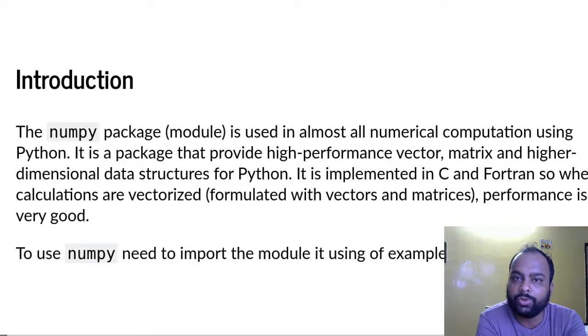So NumPy acts as a wrapper. What is a wrapper? A wrapper gives you a high level interface for accessing low level information, right? So under the hood you have compiled C and Fortran programs, but instead of calling them from C or Fortran, you're actually calling them from Python. That allows you to write simpler code, and it does not take away the simplicity of Python.